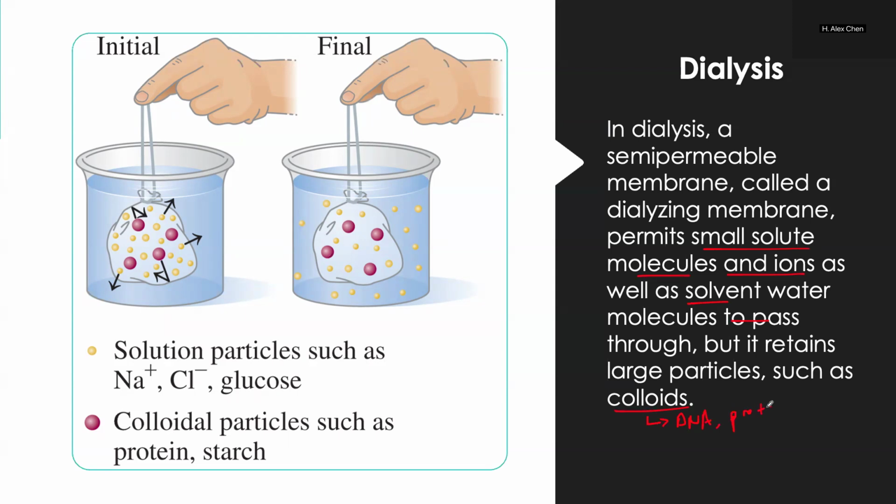And that's helpful when we try to isolate protein or isolate DNA. We can place this in a dialysis bag and then in a solution of pure water, for example, the smaller molecules and ions will actually exit the dialysis bag. And inside the bag, there'll be a small amount of those particles, but mainly colloids such as DNA, protein, or starch.